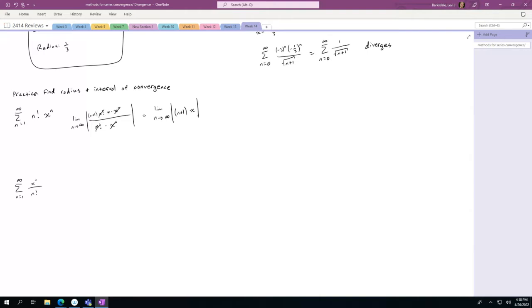And what is this limit? You're saying infinity? It is infinity, right? We bring out the x, right? Is there one situation where it wouldn't be infinity?